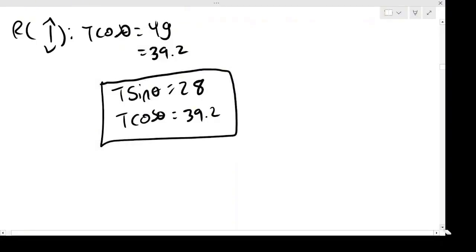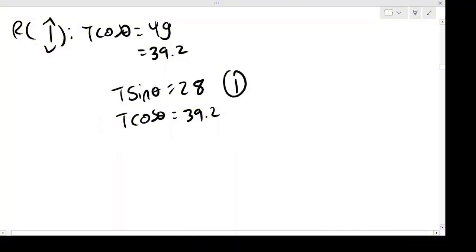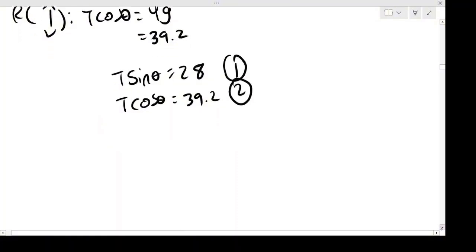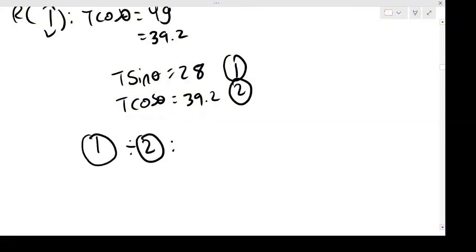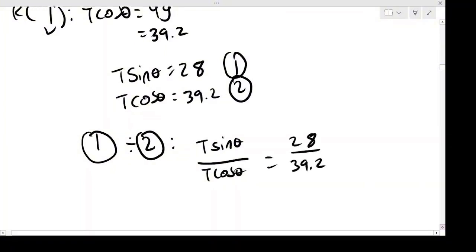Well, if I call this equation 1 and equation 2, hopefully you're thinking of some trig identities. What I can do to solve for theta is divide the top equation by the second. So I have T sine theta divided by T cos theta equals 28 divided by 39.2.